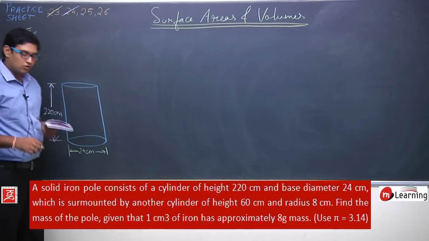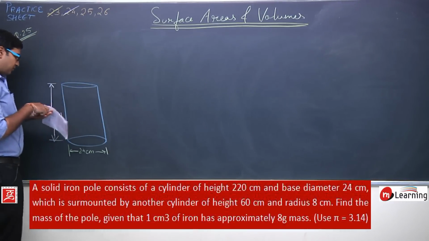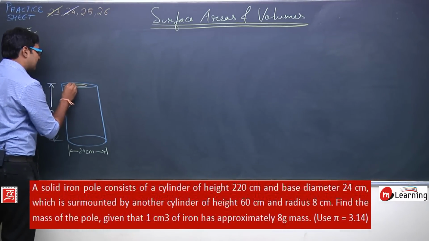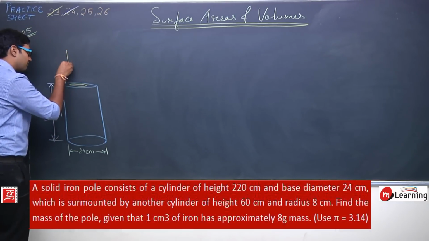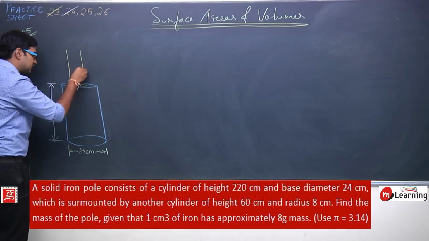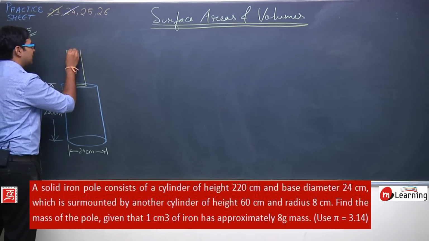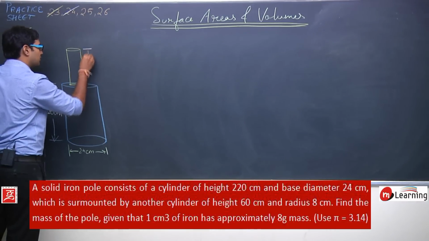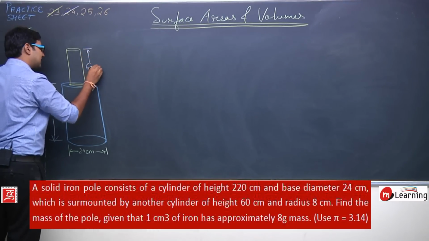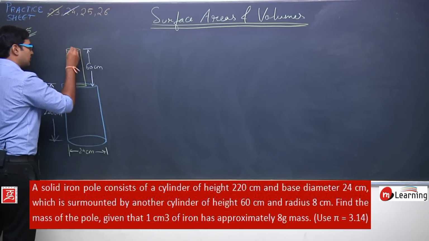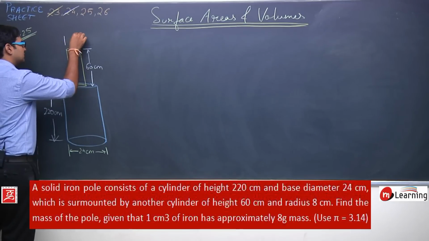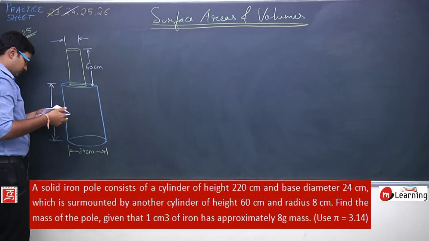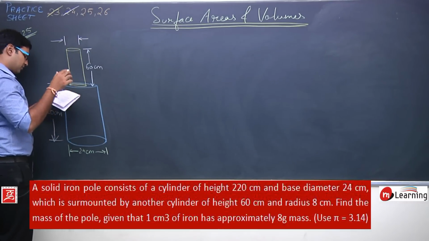Now, on top of this iron pole there is another iron pole, like this, and this iron pole has a height of 60 centimeters and a diameter, okay, the radius of this iron pole is given.